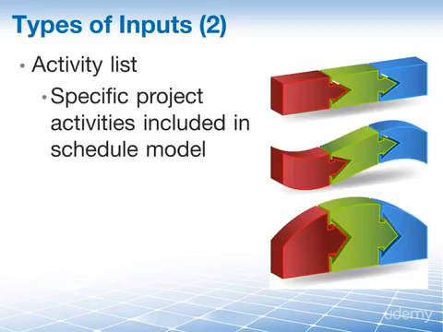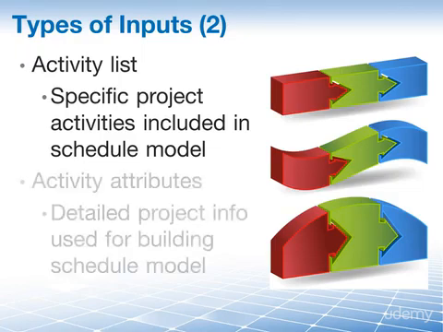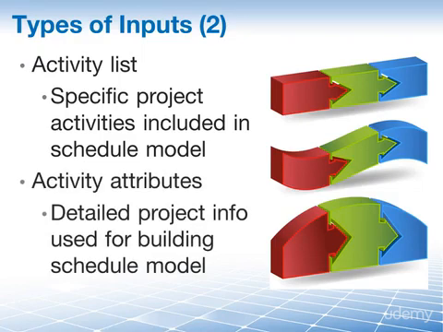Next, we have the activity list. This list identifies all activities that we need to be including in the project schedule model by their name. Along with the activity list, we also have the activity attributes, which provide the detailed information that is used to build the project schedule model, like predecessors and successor activities.